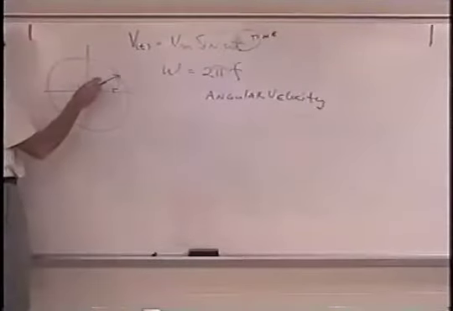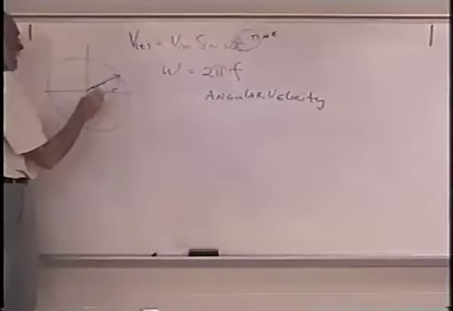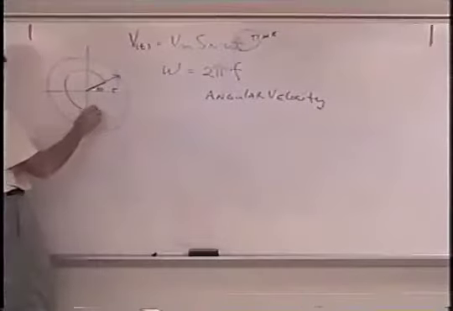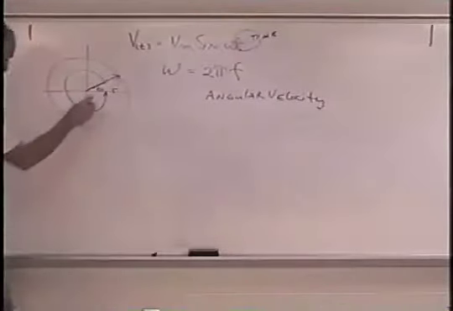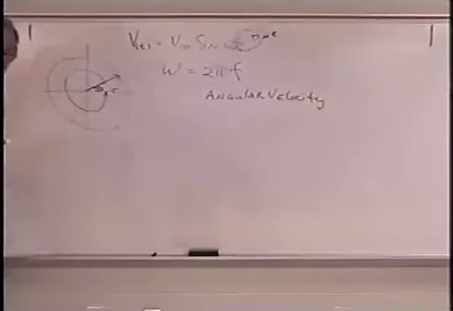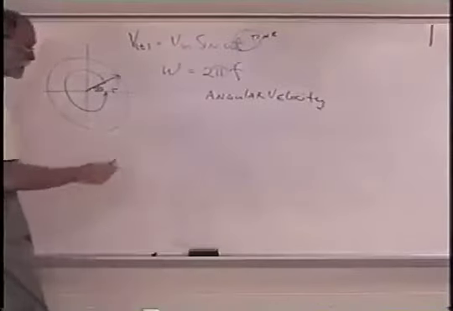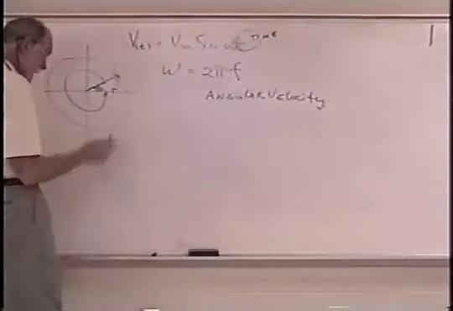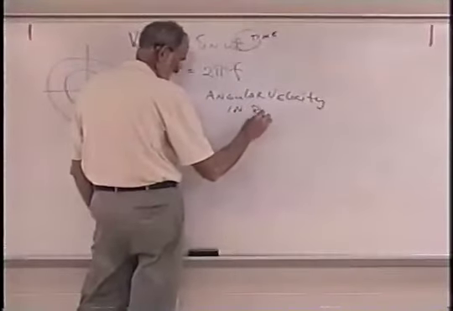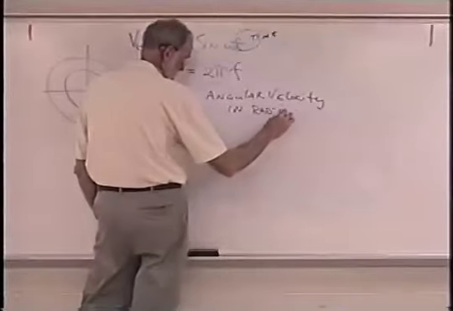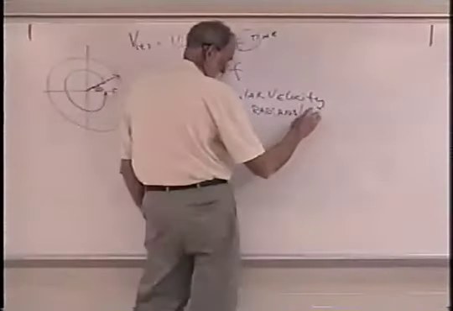We're rotating around this circle. And that angle is changing. How fast is that angle changing? That is the angular velocity that we're speaking about here. And it is in radians per second.